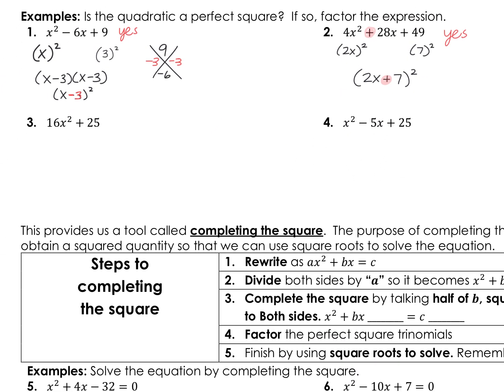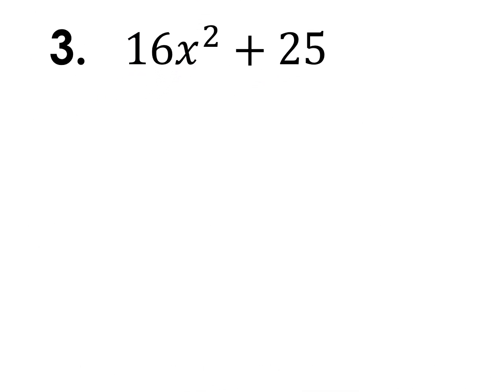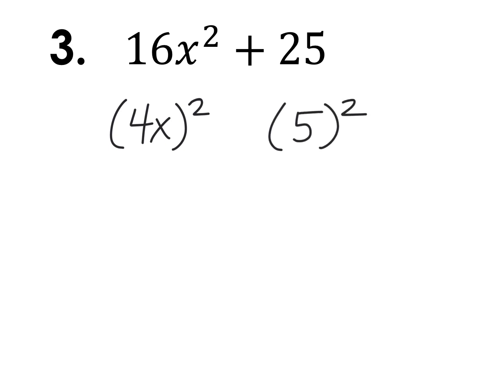Look at number 3. It looks like this is going to work out pretty nicely because 16x squared could be, what, 4x squared? What about 25? 5. Okay, so it looks like it's a perfect square, but this can't be factored because you notice that there's no b term.